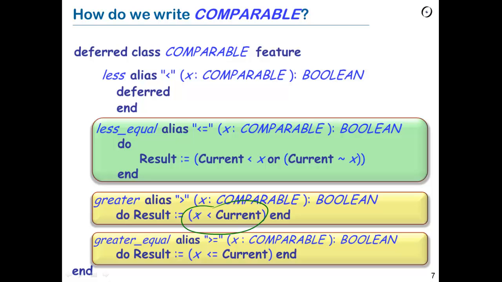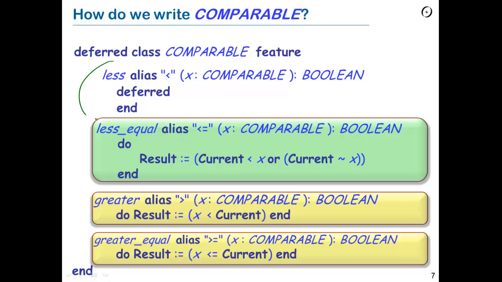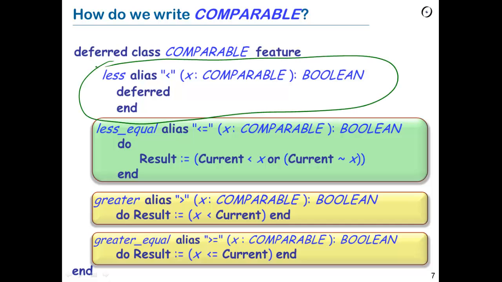So you see what we have here. We need the flexibility of a deferred class that is not completely deferred. A deferred class which leaves a fundamental feature, in this case less, deferred, and which expresses some, or in this case all of the others, in terms of that one, so that a descendant of class comparable, for example integer, for example real, for example string, only has to define, the technical term is effect, the version of less that is appropriate for integers or for reals or for strings or for whatever particular kind of comparable we're looking at.